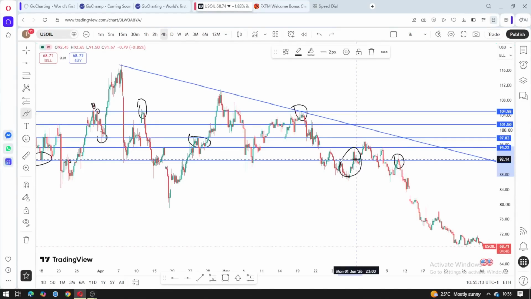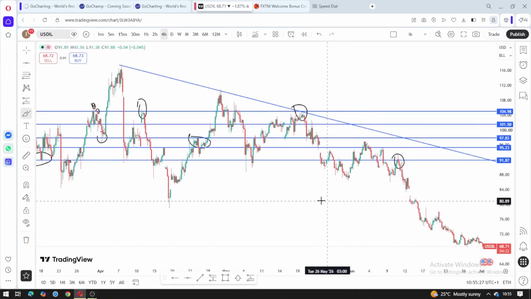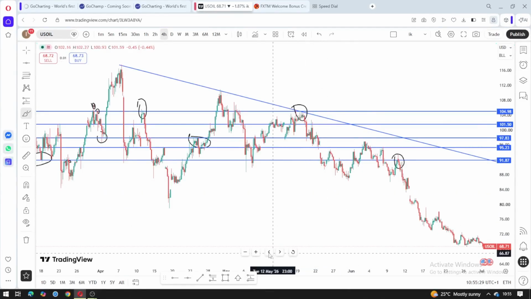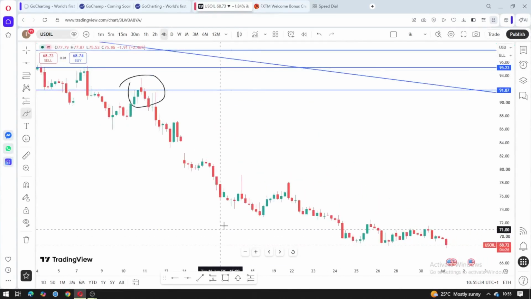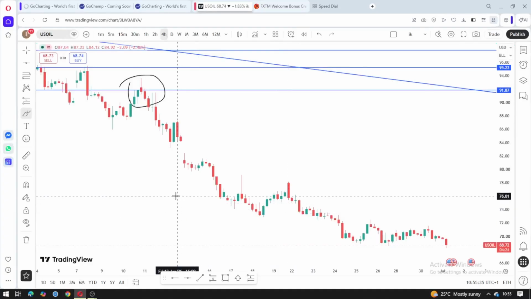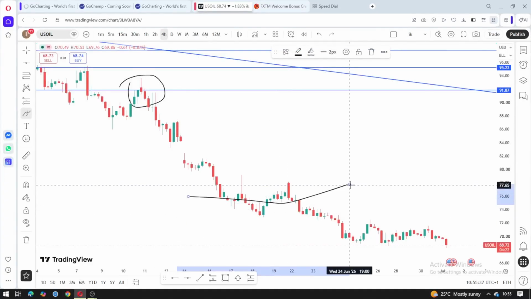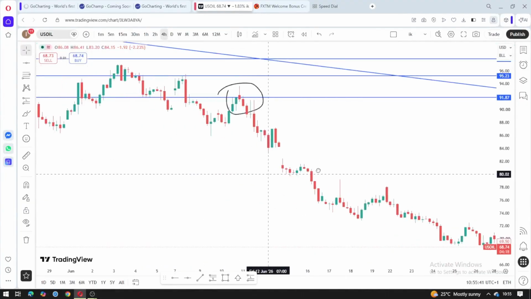At this point, but it kept going until it hits here. Now, if you study, in fact, I will give it to you as an assignment to study the retest around this zone and be able to tell me what you think is the difference.